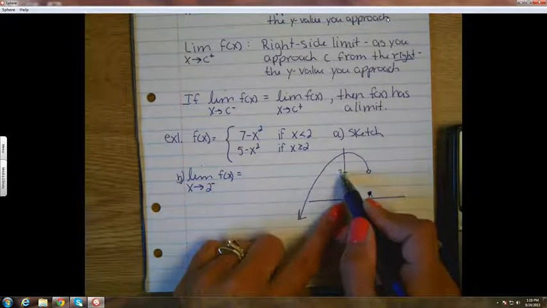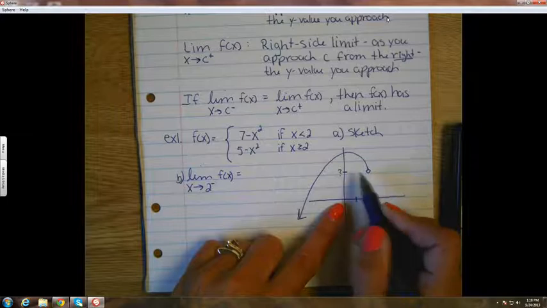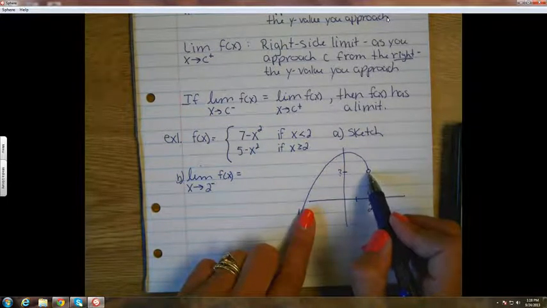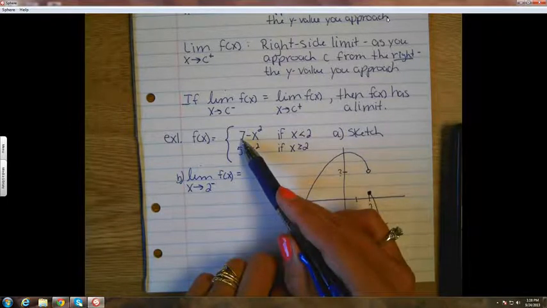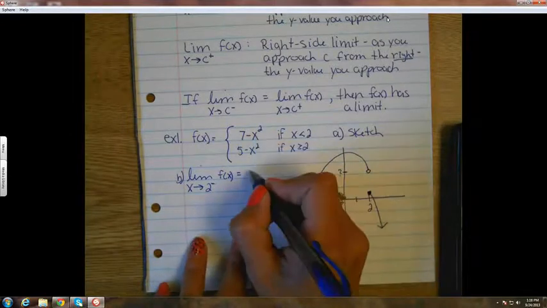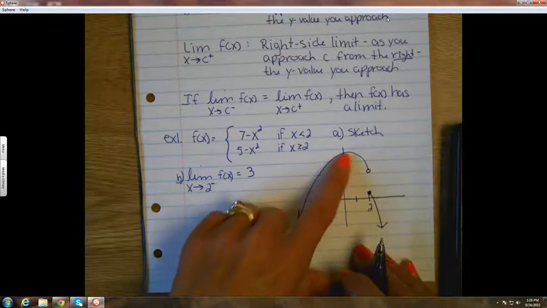If I know that, I'll know the limit, because that's the number that I'm going to get closer and closer to as I approach. Well, all I've got to do is plug 2 into the right part of this equation. If that was filled in, that would be my, well, it's still my limit, even though it's not filled in. So this was the top part of the equation, so I'm just going to plug 2 in there. It's going to give me a 4, 7 minus 4, it's at 3. So the left side limit is 3.